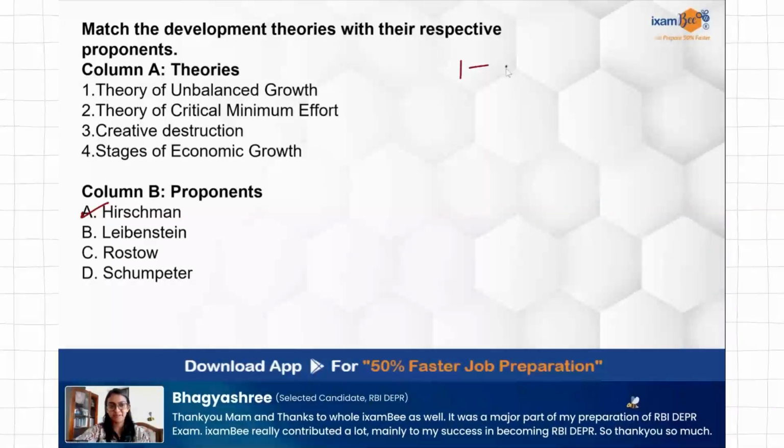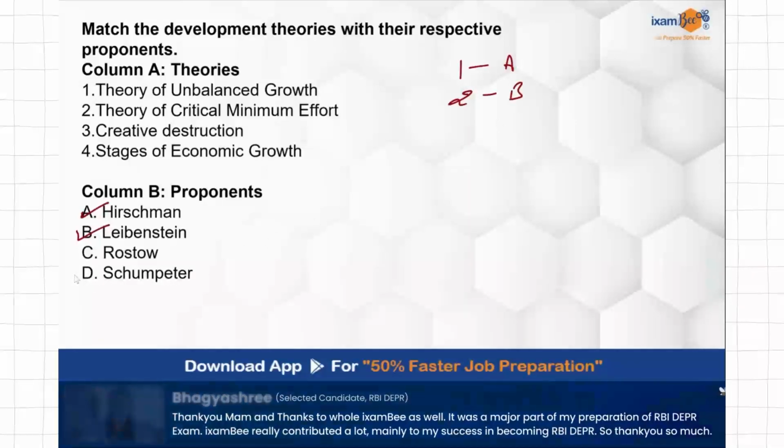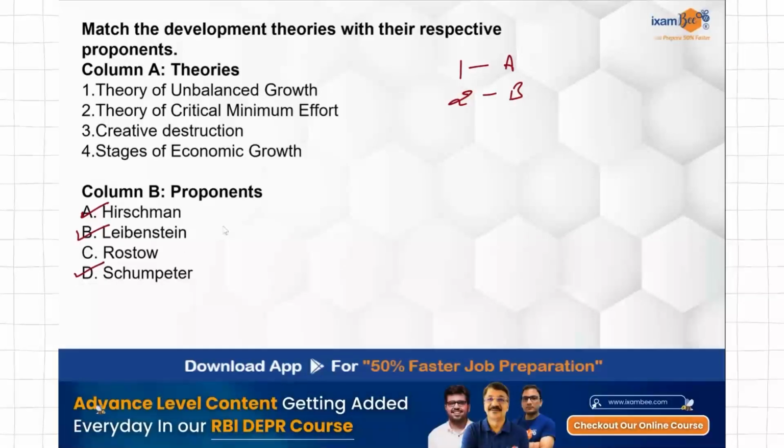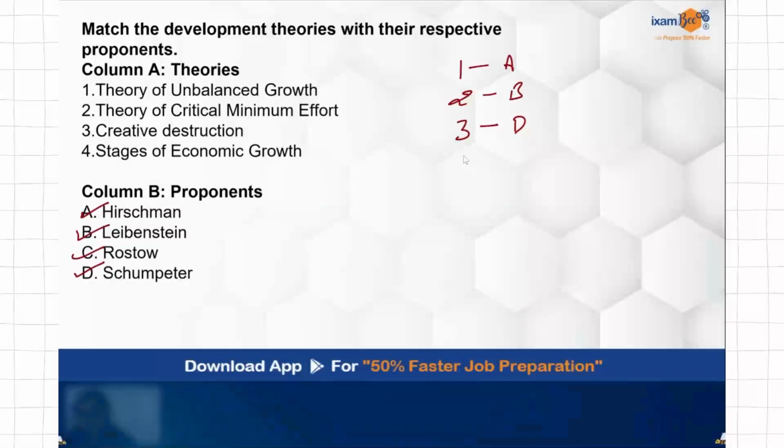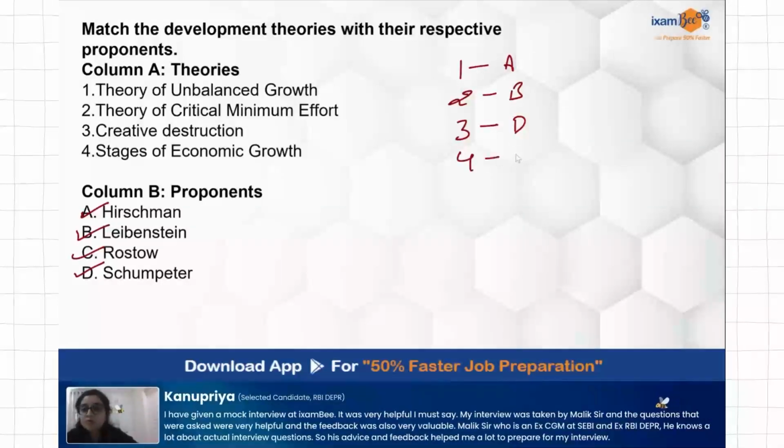So one is matching with A. Theory of critical minimum effort is matching with Leibenstein. So two is matching with B. Creative destruction is Schumpeter. So three is matching with D. And stages of economic growth is Rostow. Four is matching with C. So this is the correct approach.